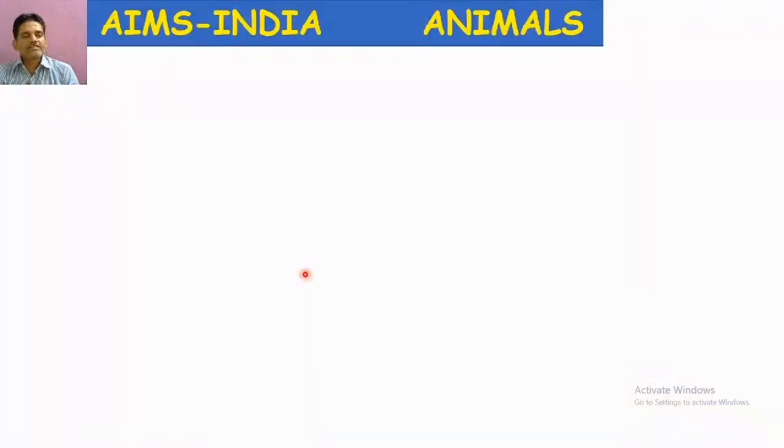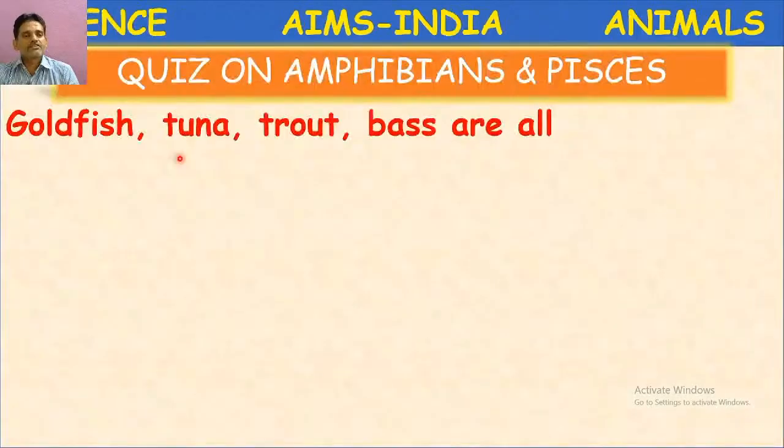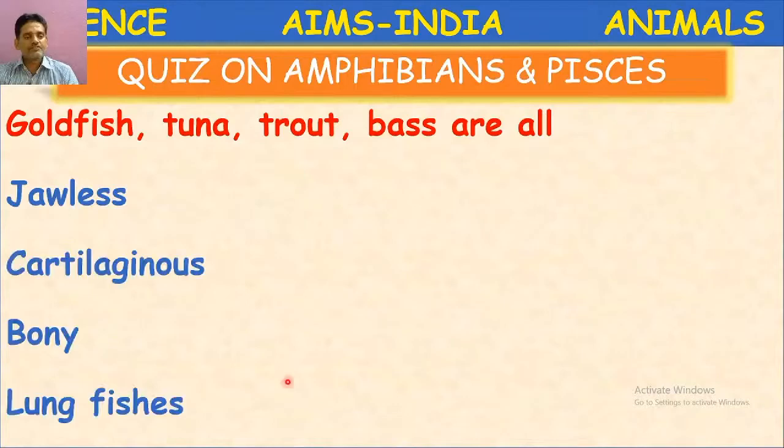Next, goldfish, tuna, trout, bass are all which type of fishes? Jawless, cartilaginous, bony, lung fishes. What is the correct option here? The examples you have to remember.